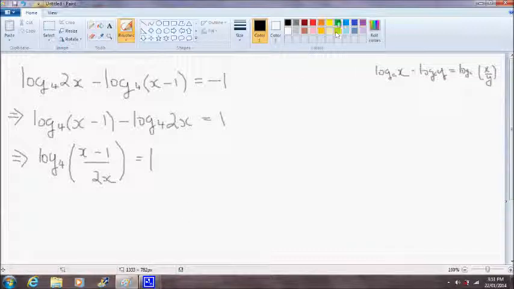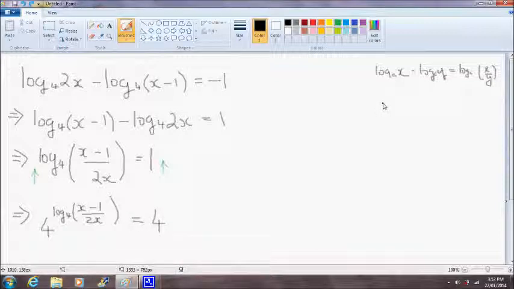Now what I'm going to do is raise both sides of this equation as an exponent of the base 4 so that I can cancel out the logarithms. So that means I'm going to rewrite it as 4 to the power of log to the base 4 of x minus 1 on 2x, and that is equal to 4.